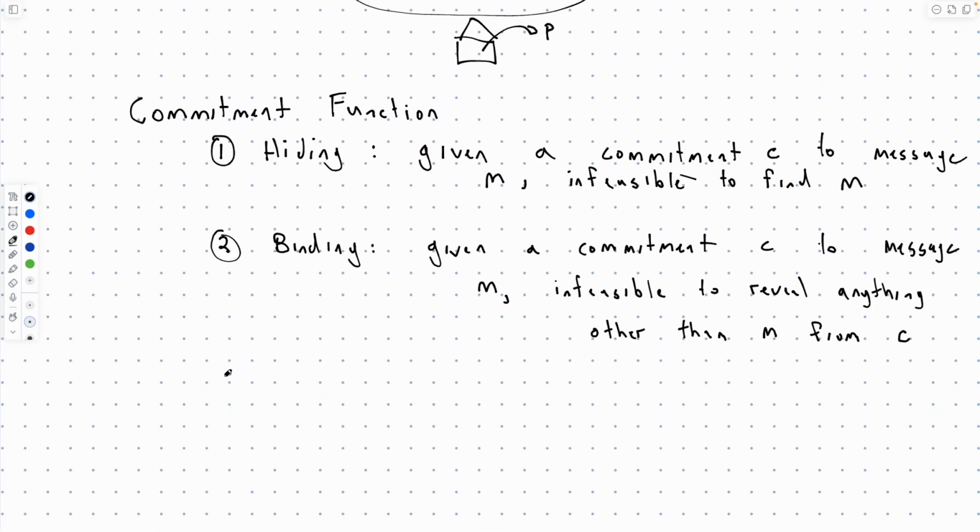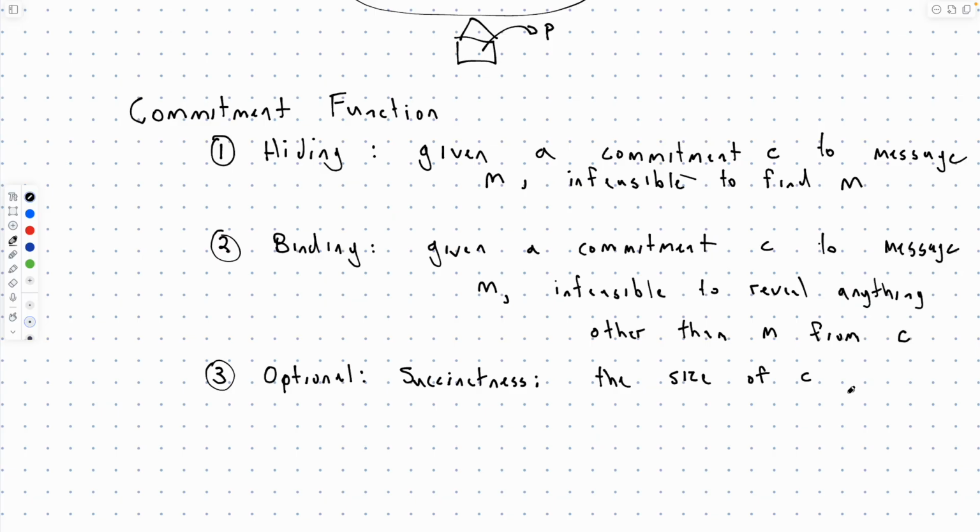Now, there's a third property that is not strictly necessary. Okay, so this is an optional property. And it's called succinctness. And it says the size of C, how big is C?